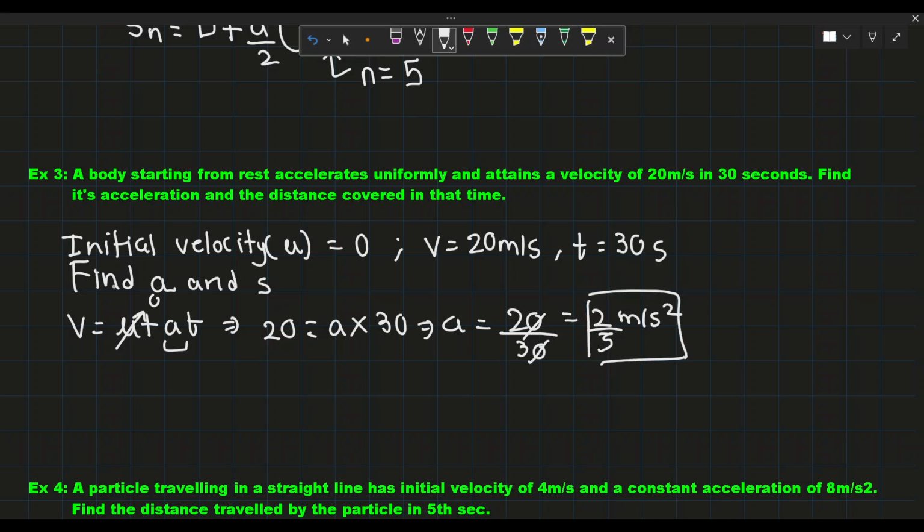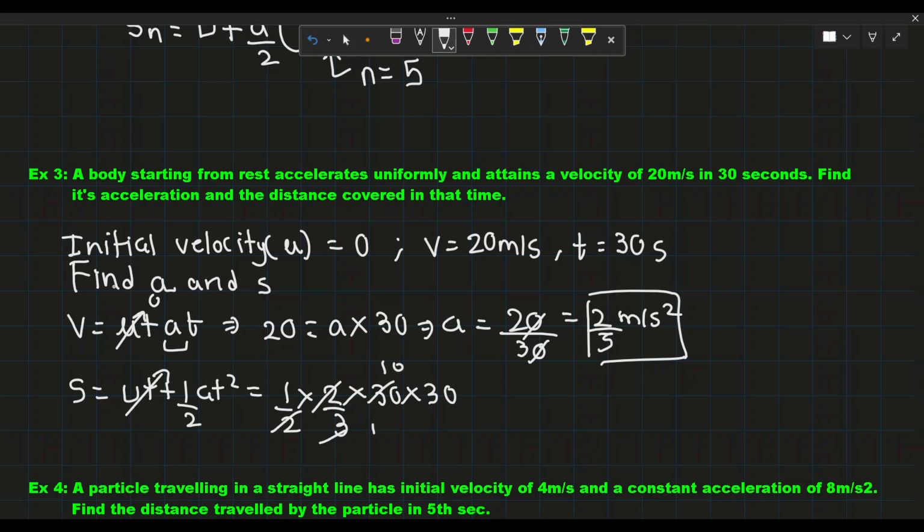Second, they have asked us distance. So we'll use S is equals to ut plus half at square. U is 0. So we'll get this as half times acceleration times time square, which is 30 times 30. 2 will get cancelled, 3 ones are 3, 3 tens are 30. So your distance would come out to be 300 meters.